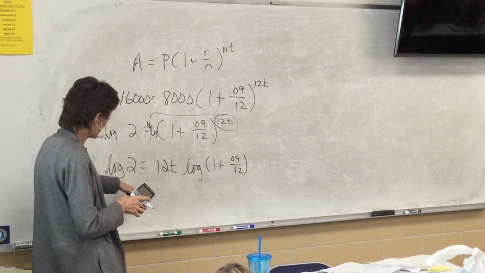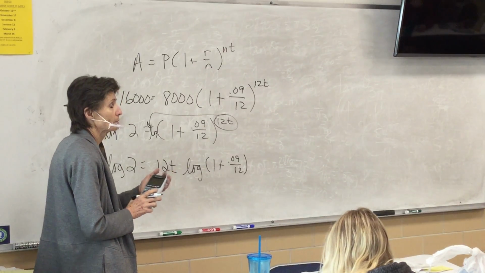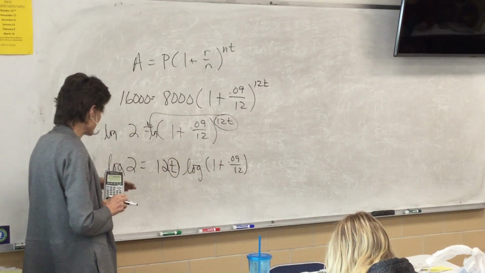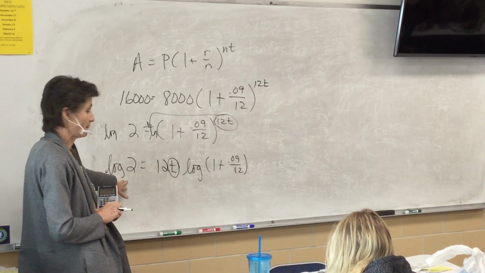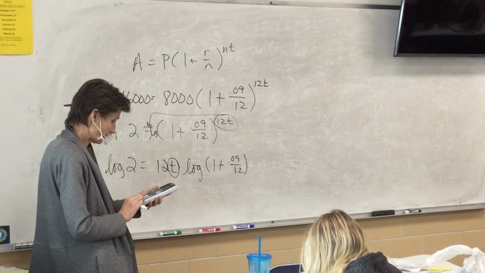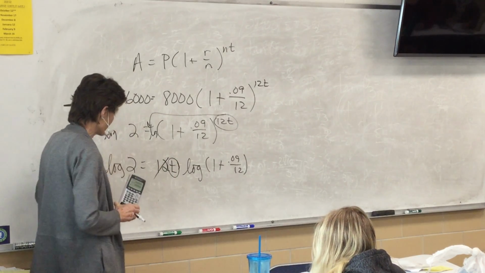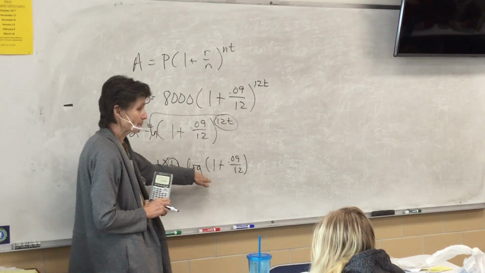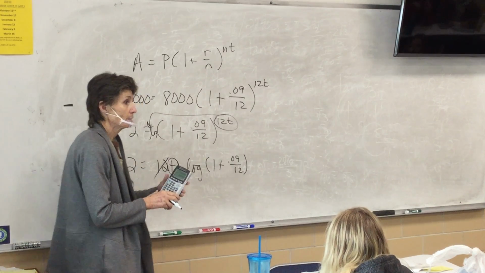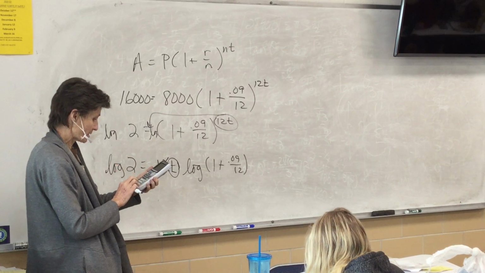All right, so I'm going to go ahead and put in the log of 2. Now what do I need to do? I'm trying to get t by itself. I'm going to take the log of 2 and divide it by 12. That's gone now. Now what? I need to divide by the log of that stuff.